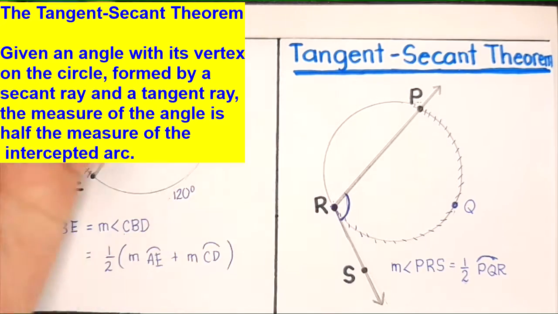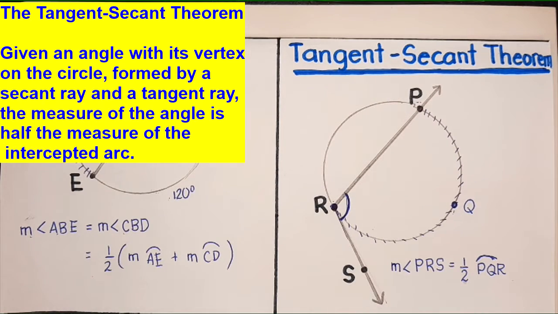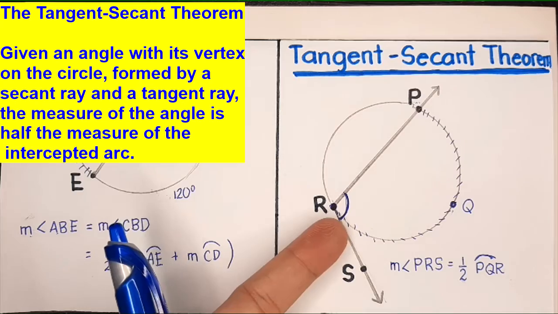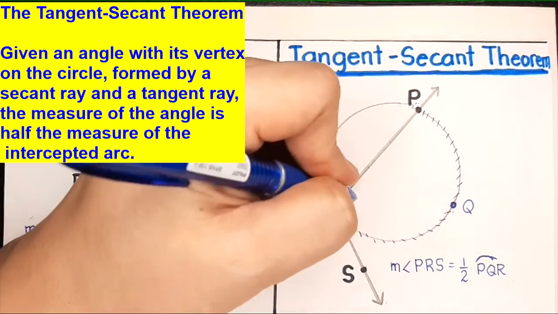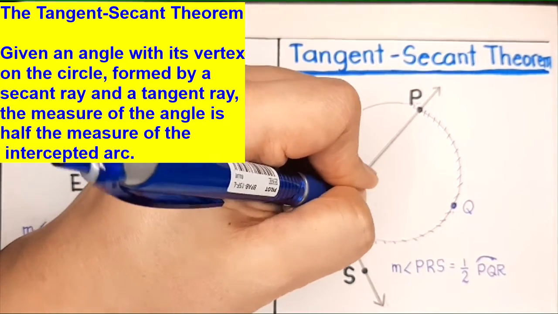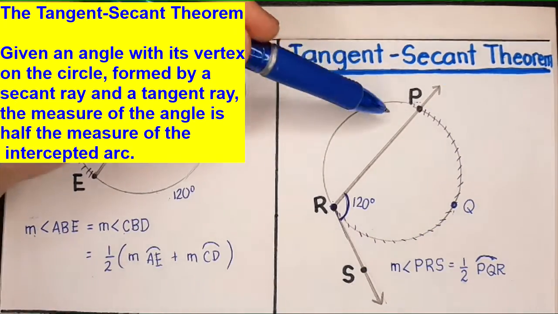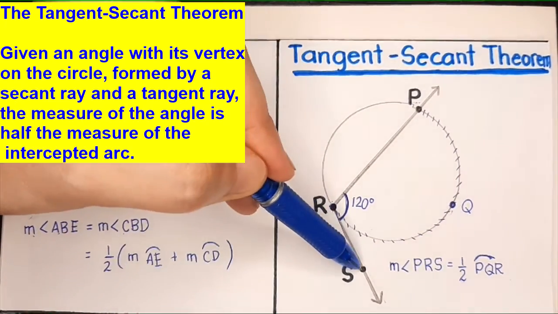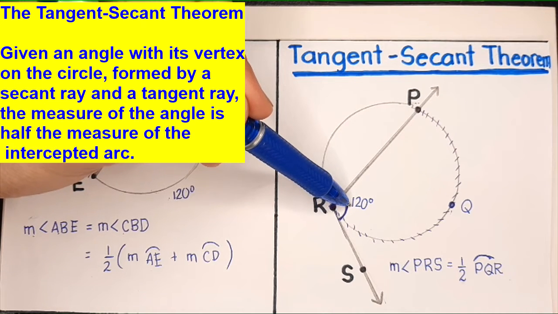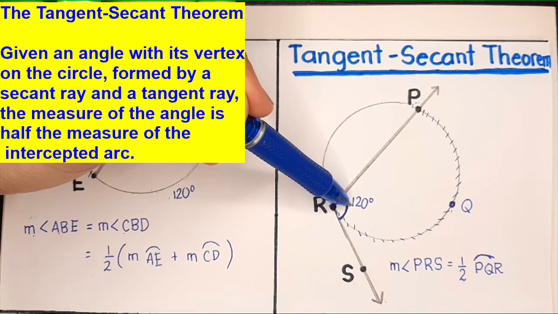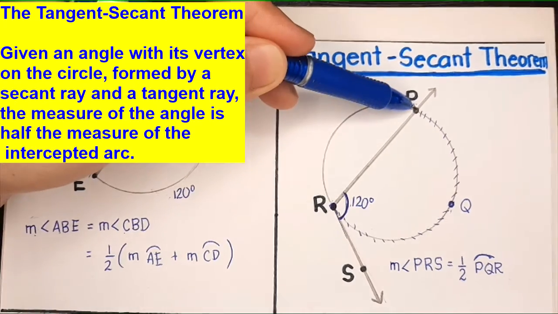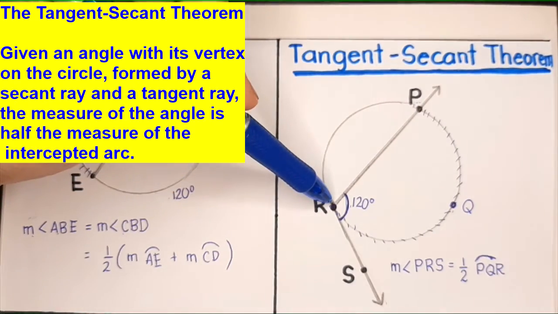of this angle. Okay? But what if the given is the measure of the angle? Okay? Kunwari, ang measure ng angle na ito is 120 degrees. So, the measure of angle PRS is 120 degrees. What is the measure of the major arc PQR?